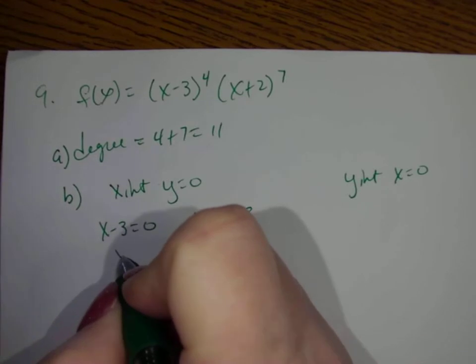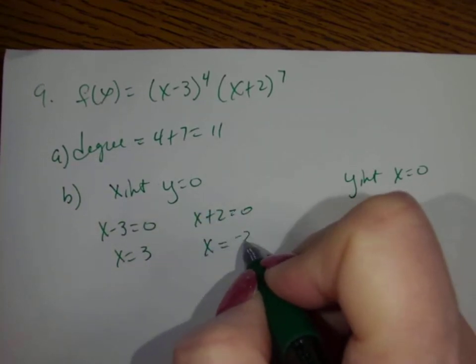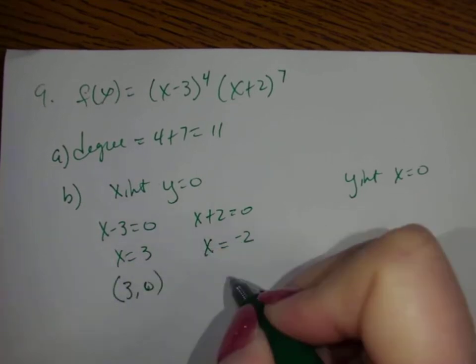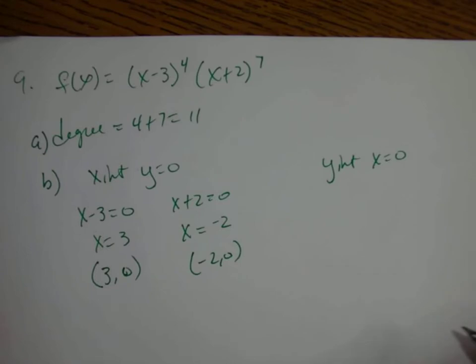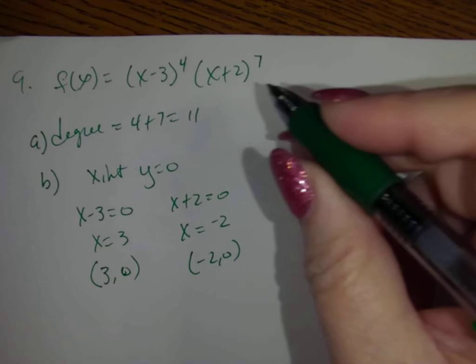So adding the 3 over, we'll get x equal to 3. Subtracting the 2, we'll get x equal to negative 2. So this is 3, 0. And negative 2, 0. It's really good to still write them in points so that you remember that they are a point and not an asymptote.